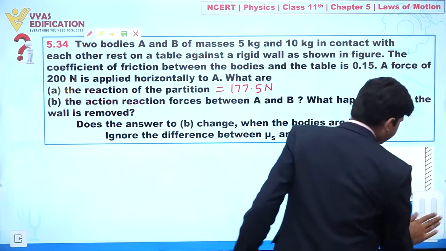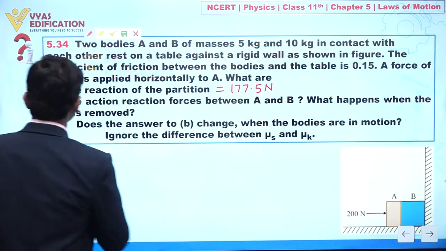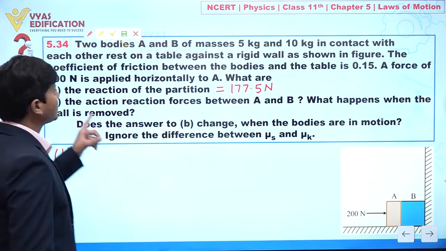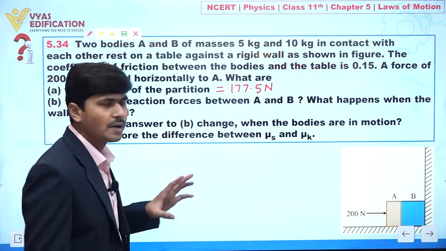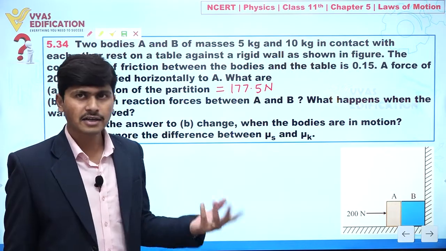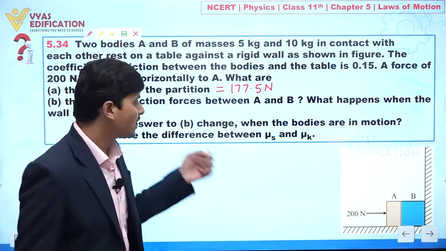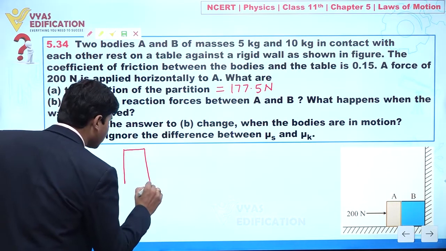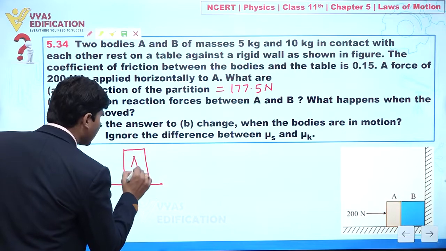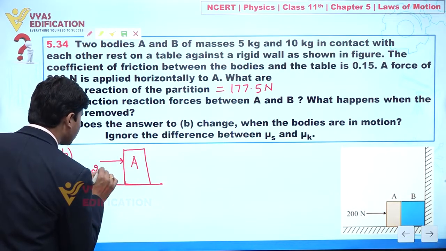Now we are going to discuss part B. In this question, the action-reaction forces between A and B are asked. It means we have to draw the free body diagram of either A or B. Let's suppose I am concentrating only on A. If I again draw the figure for A, a 200 Newton force is acting.